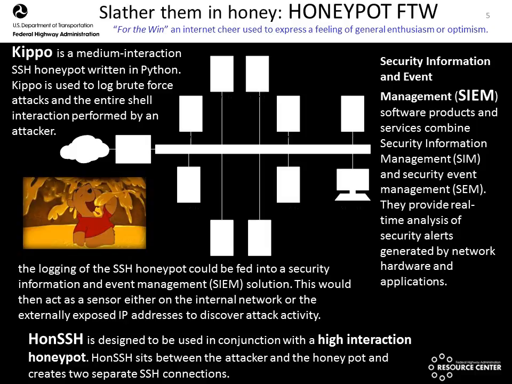They provide real-time analysis of security alerts generated by network hardware and applications. The logging of the SSH honeypot could be fed into a security information and event management solution. This would then act as a sensor either on the internal network or the externally exposed IP addresses to discover attack activity.